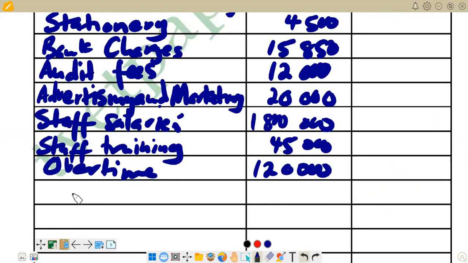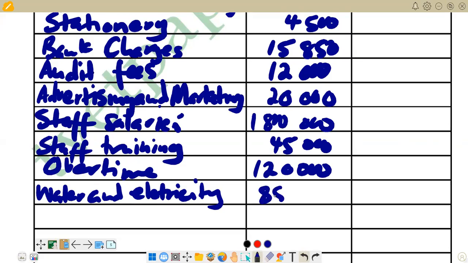So now we have got water and electricity. Water and electricity, we've got a figure of 85,580, and then we will also have rental. At rental, we've got 120,000.